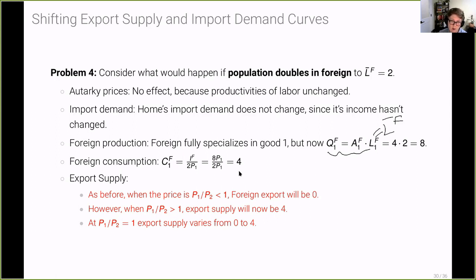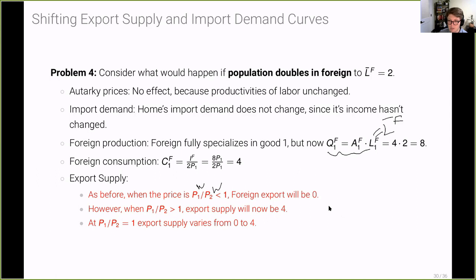It consumes more, but it's going to choose to consume at the same relative prices. And so, as before, when the world price, when we open up to trade, is less than 1, foreign's exports are going to be 0. Whenever prices are greater than 1, export supply is going to be 4.